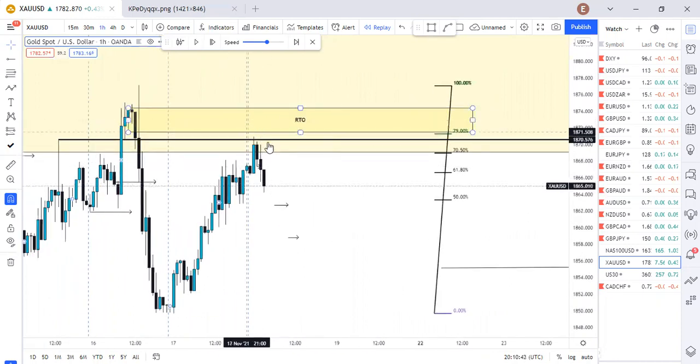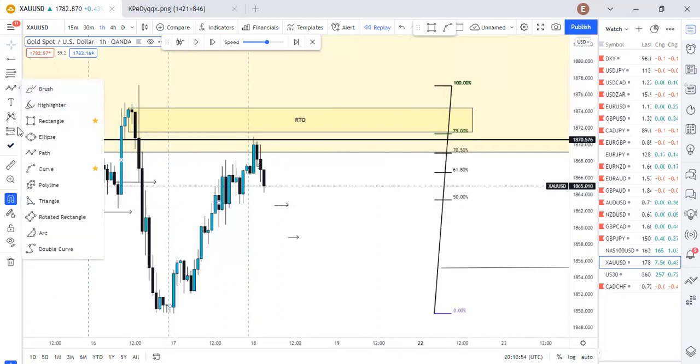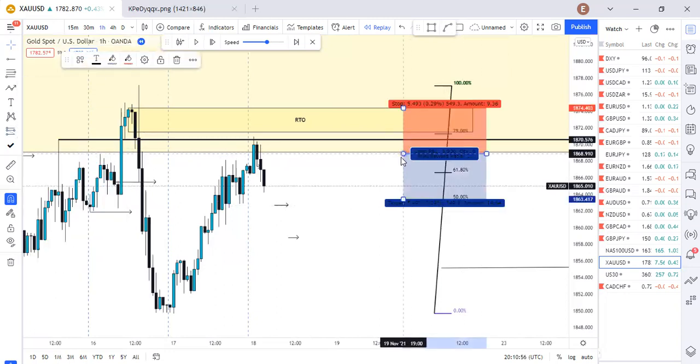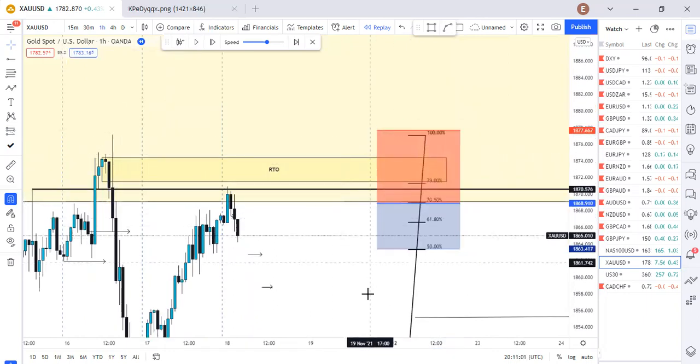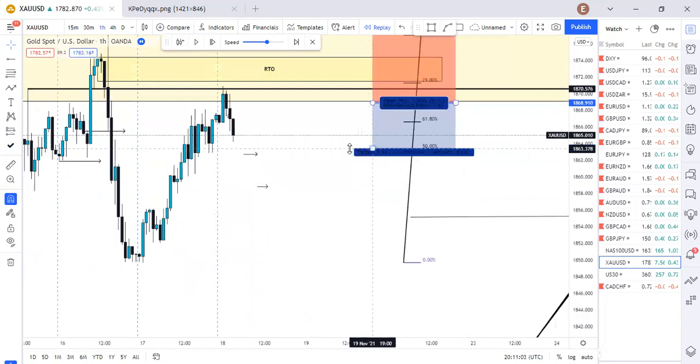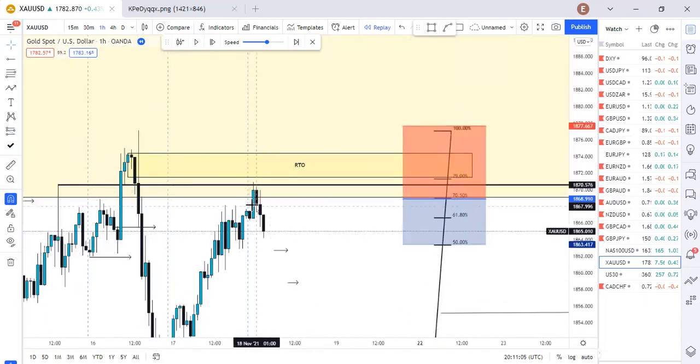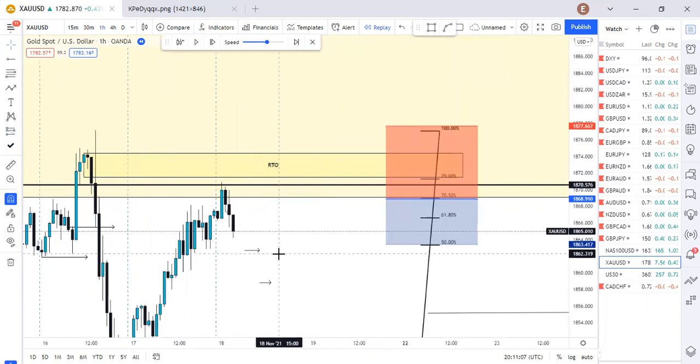Those who entered from 70 were already in the market. But I don't want to risk a lot, because if I was entering from here for this pair, my stop loss would be somewhere here, and that is a large number of pips. So I would prefer to work around this area and see how best I can capitalize.